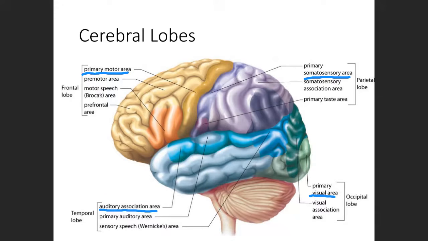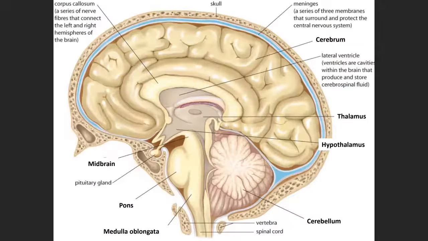Now, all the other bits and pieces in this diagram from your book, you don't need to memorize. It's just important that when it comes to the cerebral lobes, you know what the general part is. Visual information goes to the occipital, auditory information goes to the temporal. Sensory is distributed to the parietal, and motor to the frontal lobe.